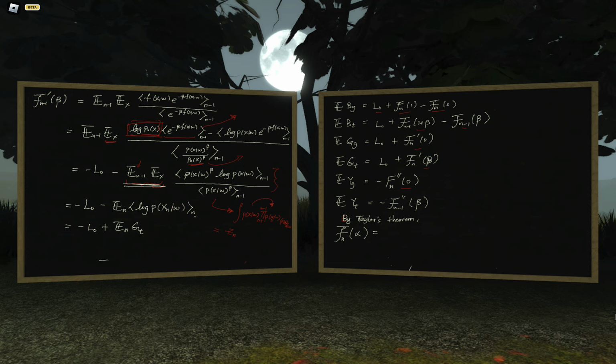We just need, if this function is 3 times continuously differentiable, then for alpha in [0, beta], there exists an alpha star. So that's Taylor's theorem with a remainder term inside the region that I want to evaluate this Taylor series.